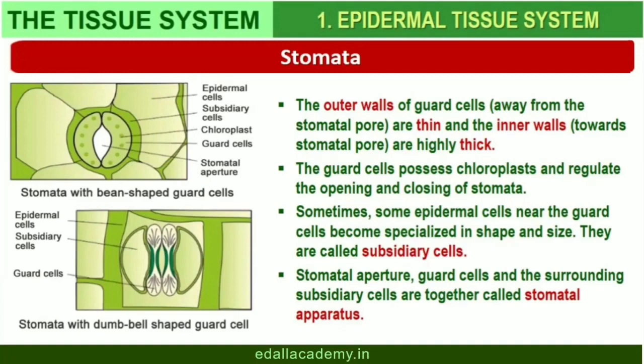The guard cells possess chloroplasts and regulate the opening and closing of stomata. Sometimes, a few epidermal cells, in the vicinity of the guard cells, become specialized in their shape and size and are known as subsidiary cells. The stomatal aperture, guard cells, and the surrounding subsidiary cells are together called stomatal apparatus.